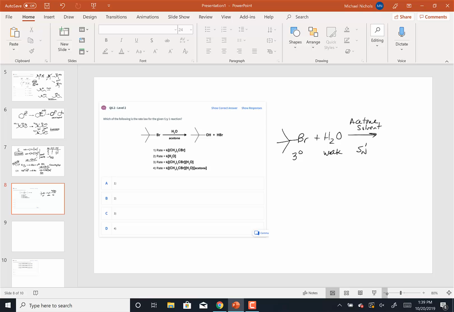And so the rate equation is rate equals rate constant times the concentration of the alkyl bromide to the first power times the concentration of the water to the 0 power, which means that it's just dependent on the concentration of the alkyl halide. And so in this case, it would be number 1, and solvent does not play a role.